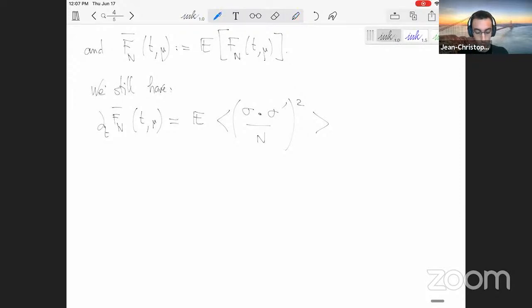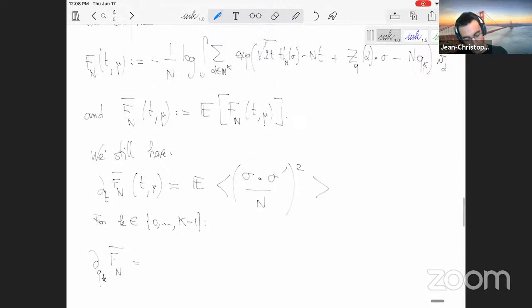All right, so let's try to compute this. I want to see what happens. So for each k between 0 and capital K minus 1, I would like to take some more space to compute the derivative of Fn bar with respect to qk.